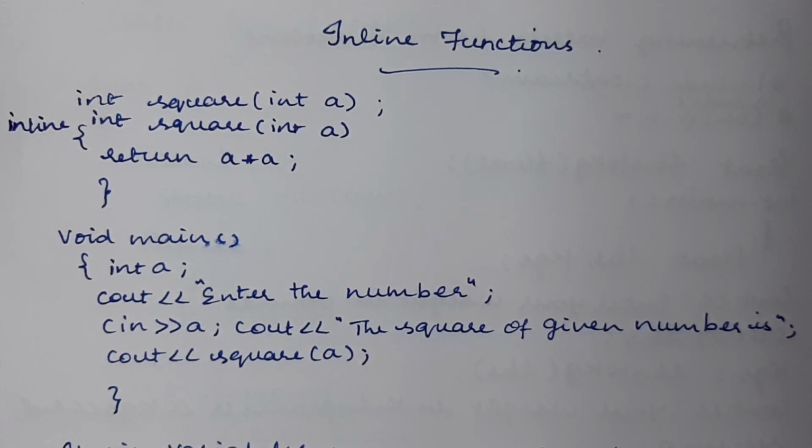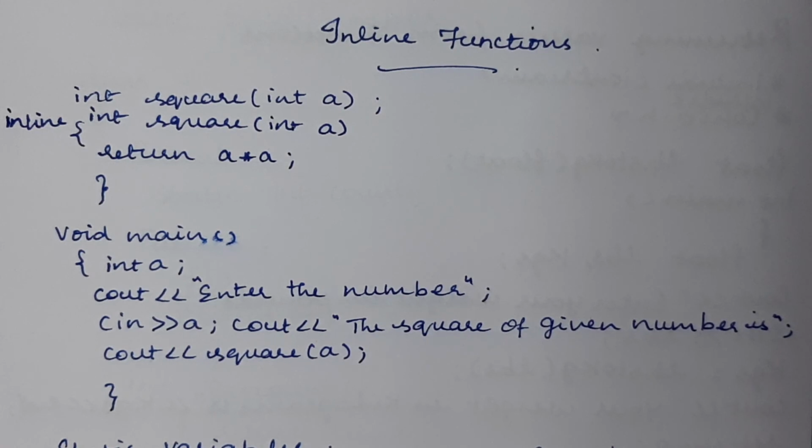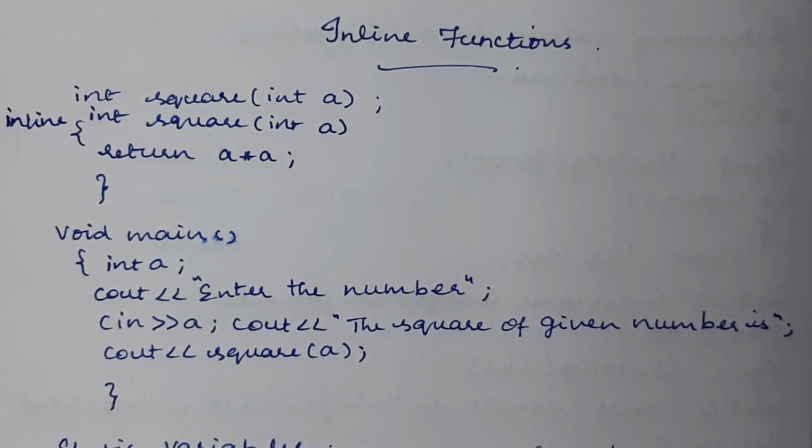Whenever you make any inline function, you are sending a request to the compiler, denoting that it is an inline function, so there is no need of transferring the control. But the compiler may or may not accept this particular request. Sometimes it will accept it and it will not transfer the control, but sometimes it will not accept and it will execute it as a normal function, even if you mention it as an inline function.